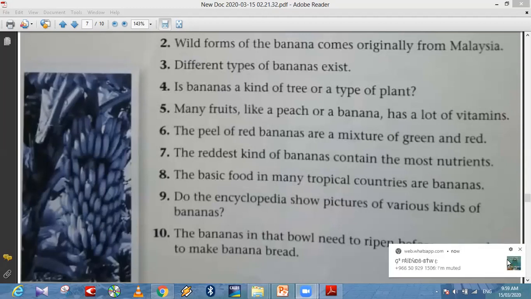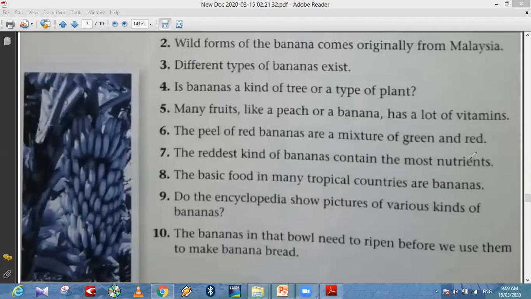Adham Mahmoud. Okay, mister. The peel of red bananas are a mixture of green and red. The subject is peel. That's right.